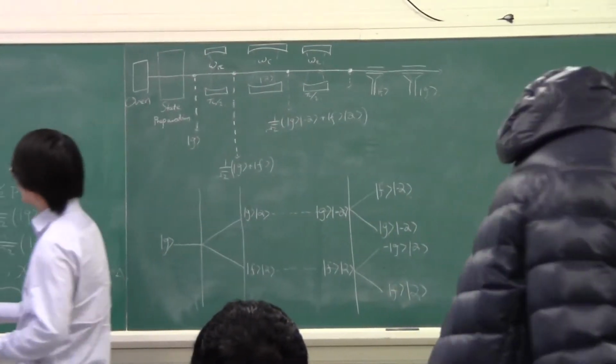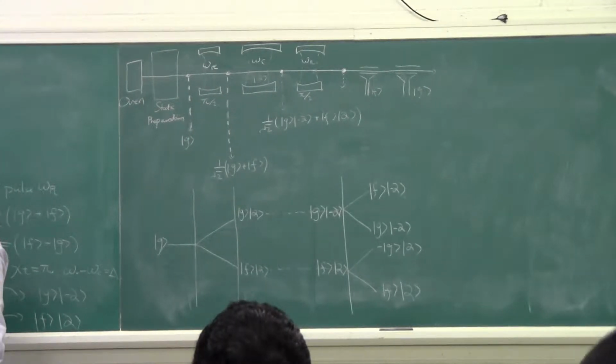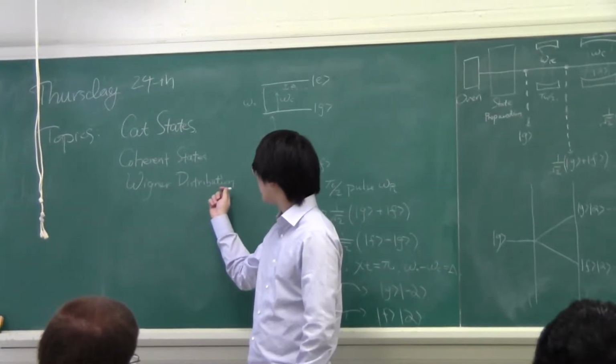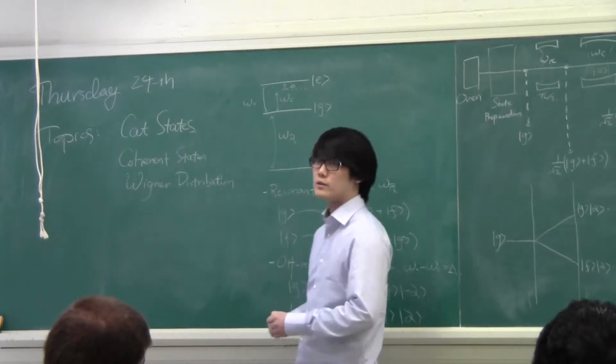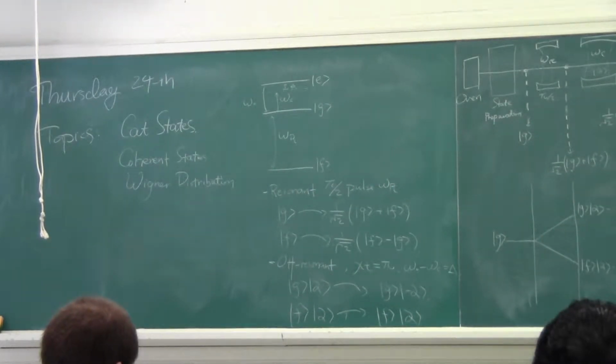Then we're going to talk about some important properties of the coherent state, and in the end we're going to look at the Wigner distribution, both of the coherent state and the cat states, and I'll show you exactly how we can visualize these interferences existing in the cat states.